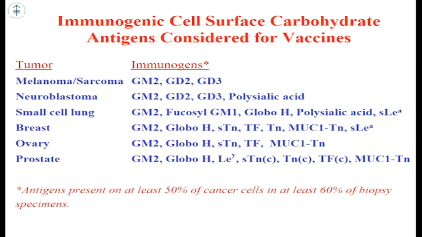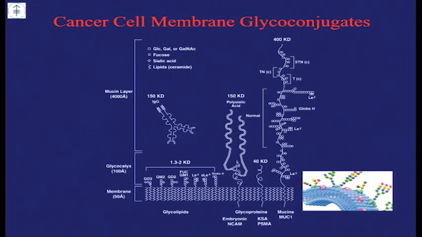When you go to prostate cancer, you don't see GD2 and GD3 expressed. Instead you see globo H, Lewis Y, and Tn, TF, all these glycoproteins. How are these molecules presented on the cell surface?